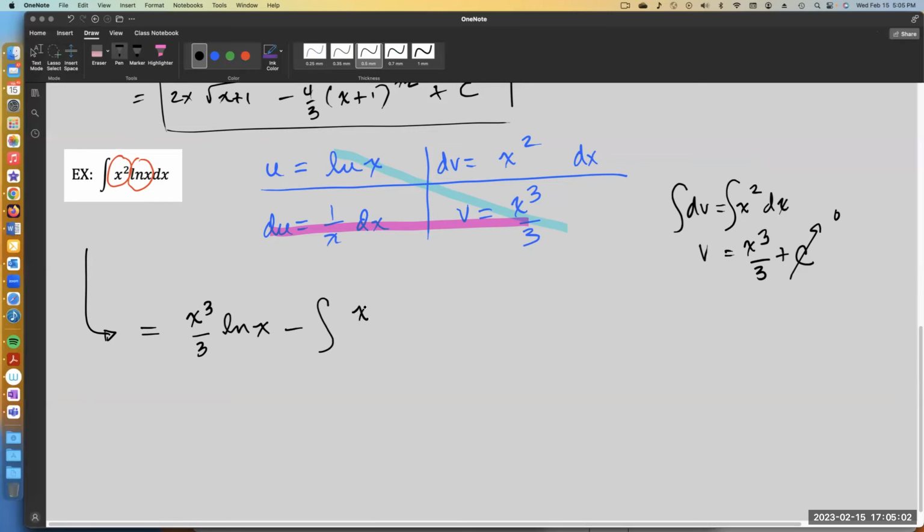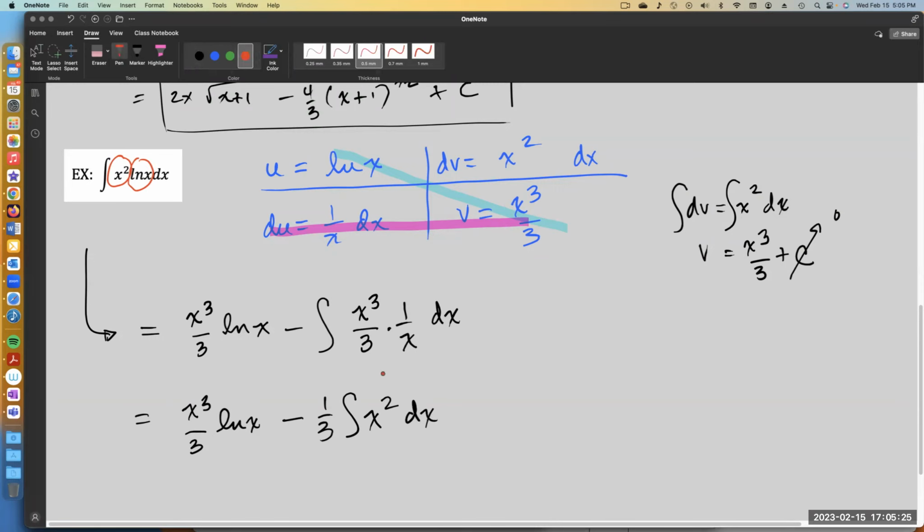When we multiply those two together, we have x cubed over 3 multiplied by 1 over x dx. Well, that simplifies. We cancel out an x. We can pull out the 1/3, and that's just going to be an x squared dx. And that is where we analyze. We say, oh gosh, did we pick the right thing?